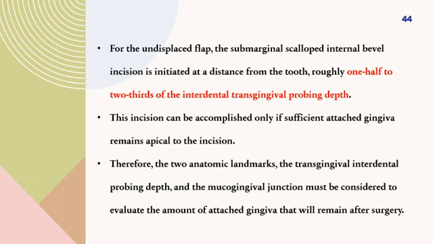By sufficient attached gingiva, we usually mean 3 mm. Therefore, the two anatomic landmarks, the transgingival interdental probing depth and the mucogingival junction, must be considered to evaluate the amount of attached gingiva that will remain after surgery.